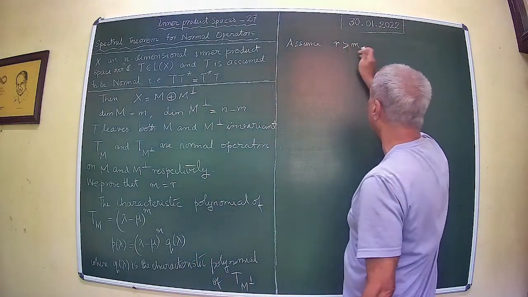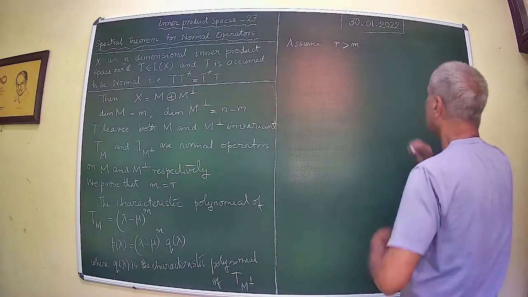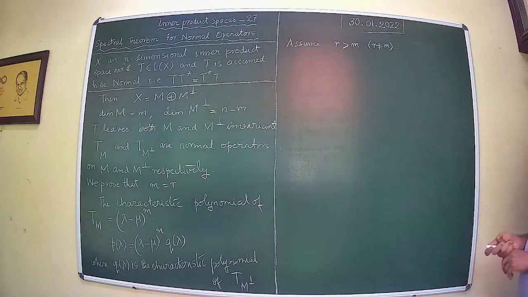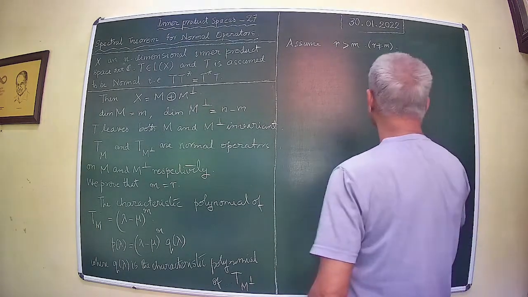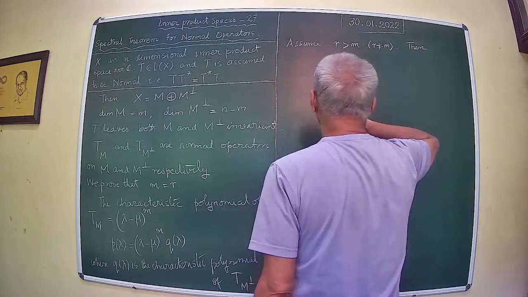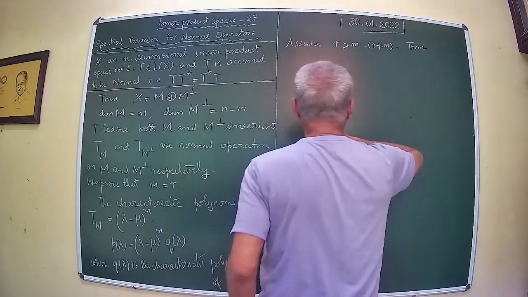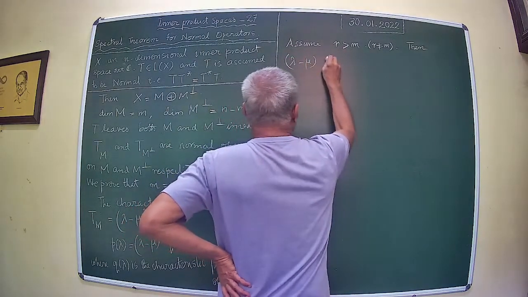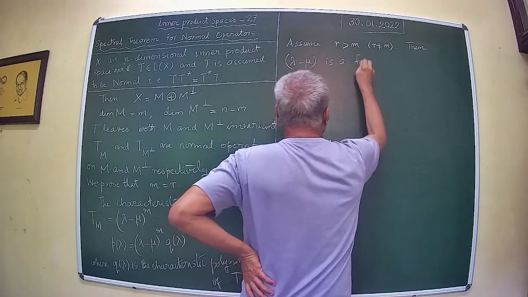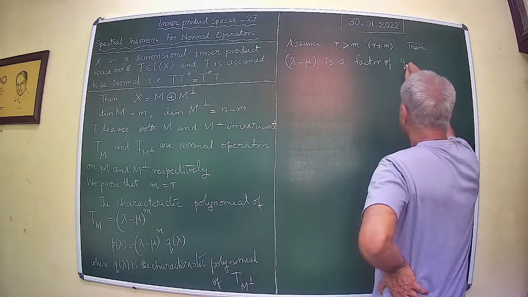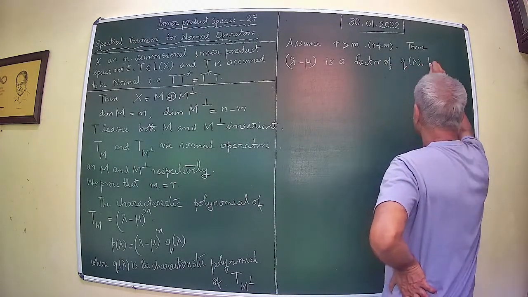Then what happens is lambda minus mu is a factor of Q lambda, the characteristic polynomial of T_M perp.